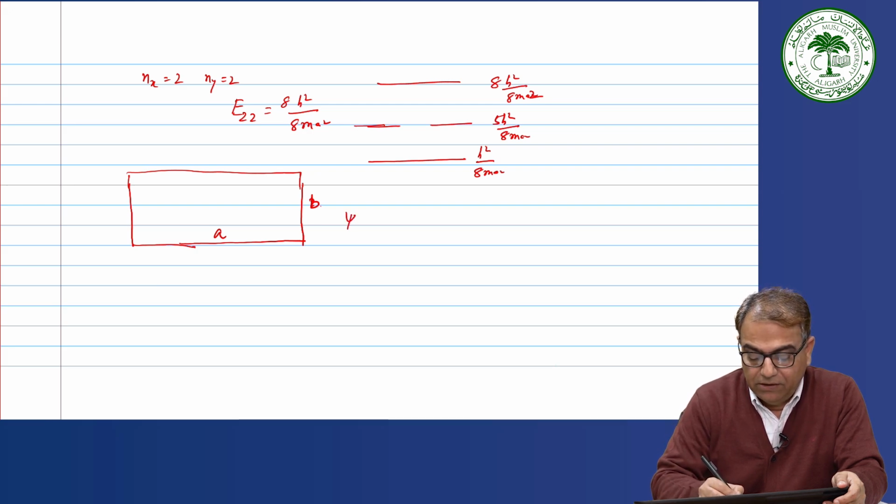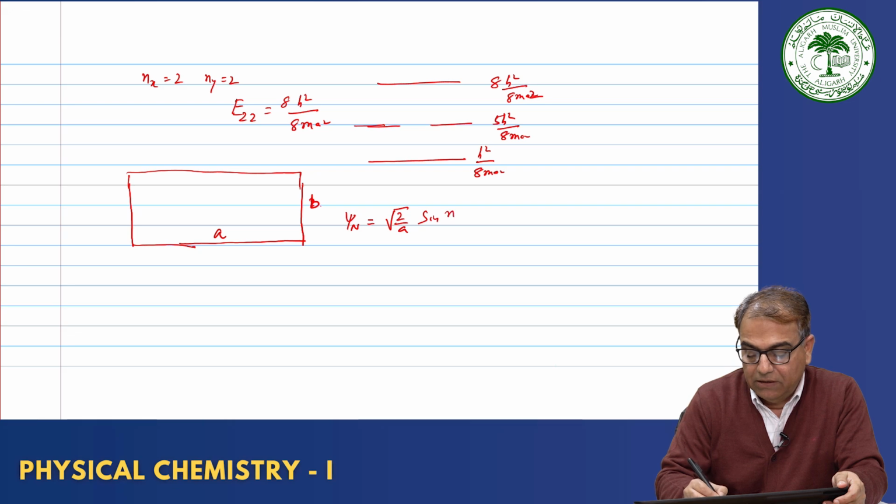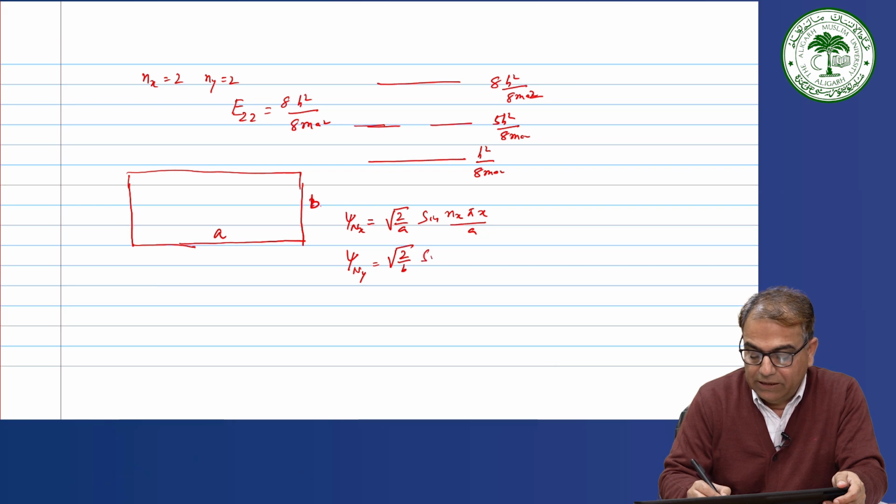The solution will be psi n, and it will be done exactly the same way, root 2 by a sine nx pi x divided by a, and another one, root 2 by b sine ny pi y divided by b.